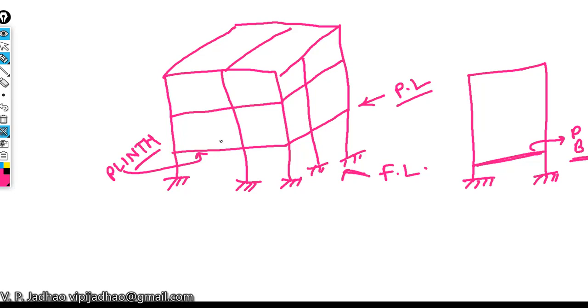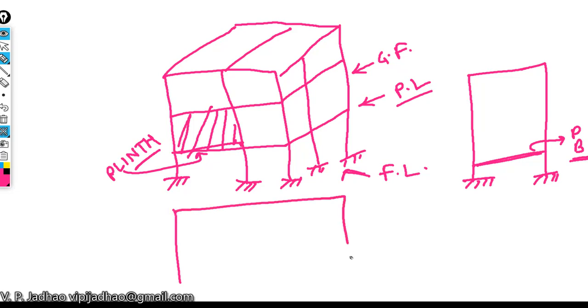So what is the requirement of these plinth beams? This is your ground floor, so whatever walls will be there, these walls will be resting on these plinth beams.